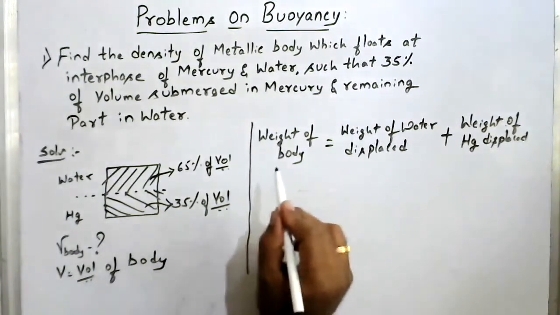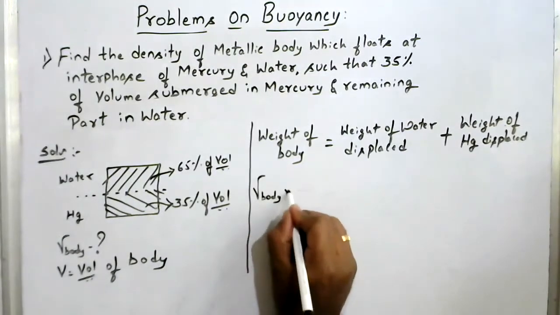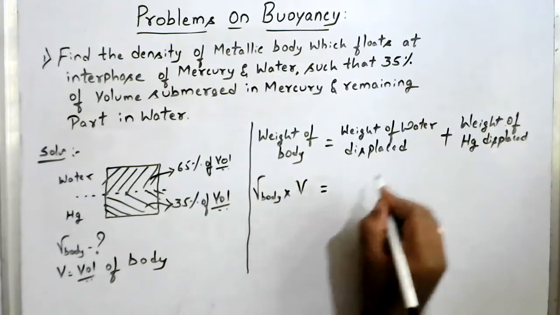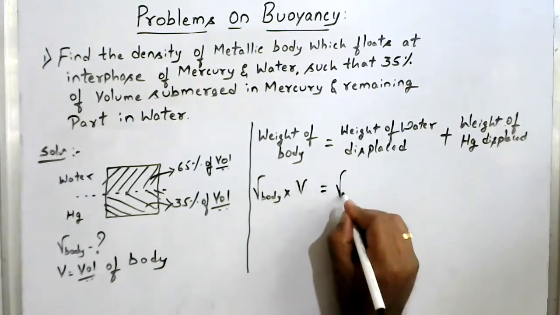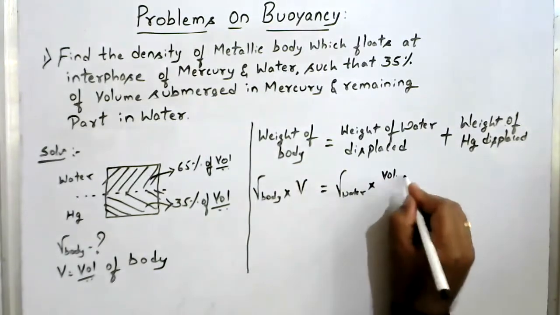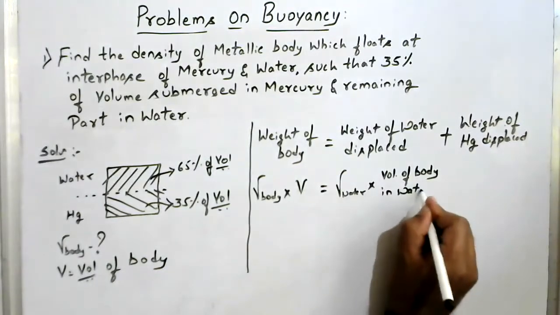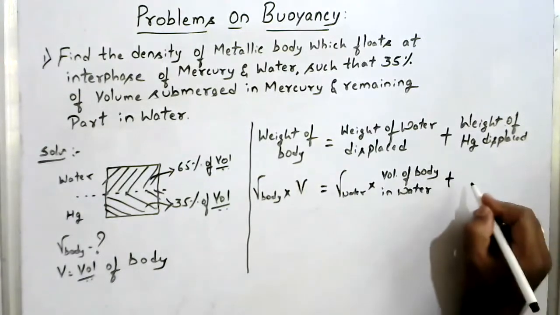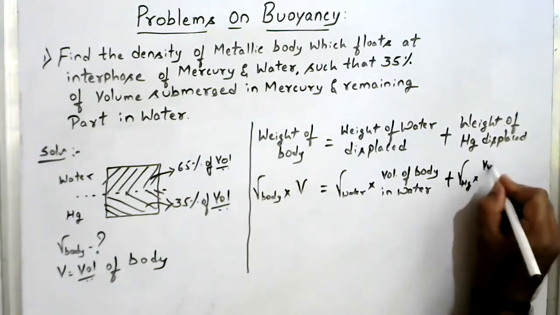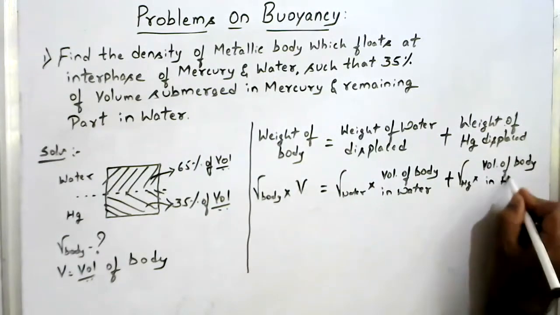We know that the weight of the body is given by density of the body multiplied by volume V, which is equal to the weight of water, that is density of water multiplied by volume of body in water, plus weight of mercury displaced, that is density of mercury into volume of body in mercury.